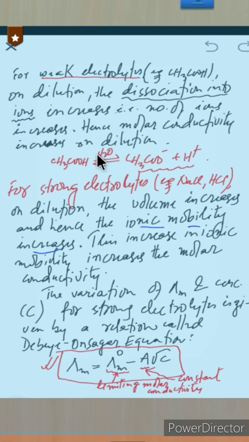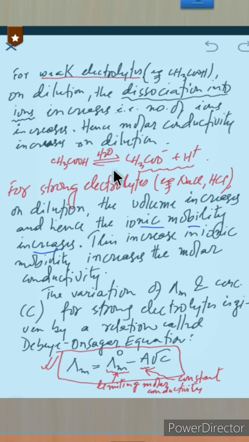This is true here also. Since the volume increases, the mobility of these ions will also increase, but this factor is outweighed by the factor of increase in number of ions.